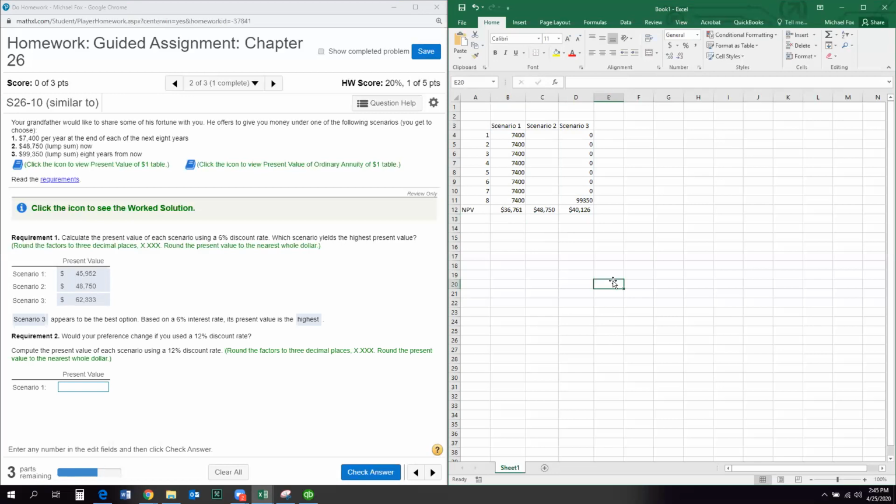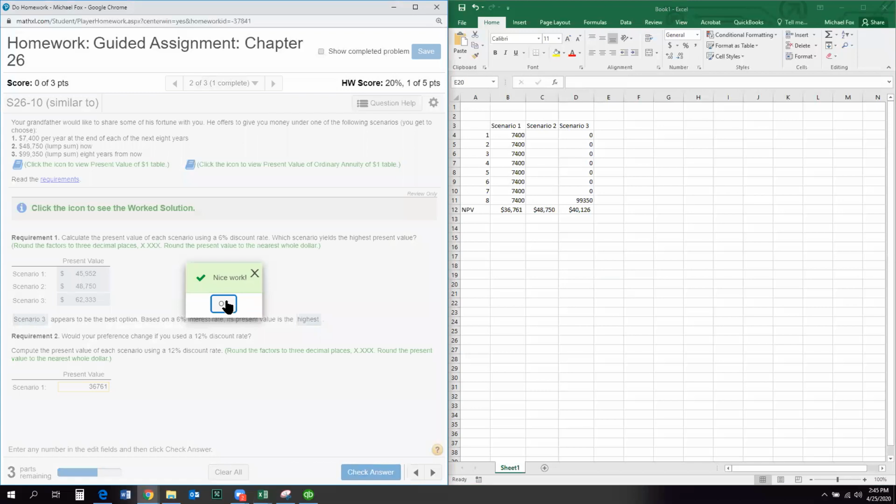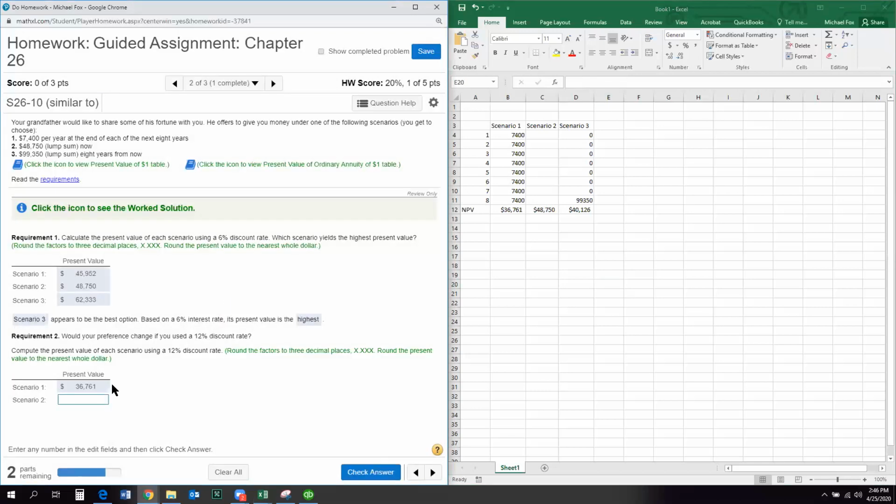All right, so here we can see that by changing the discount rate to 12%, our net present value dropped significantly on the $99,000 in 8 years. Again, that's because it assumes we could be earning 12% in the meantime. And so in this one now, our present values are $36,761, $48,750, and $40,126.